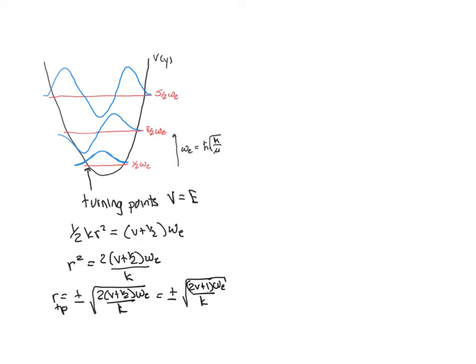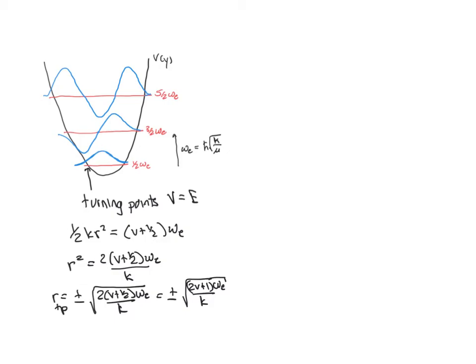Another interesting result is to think about where we expect to find the particle most often, or the highest probability of finding our system. So when we're in v equals 0, the ground state, we expect that the particle will be most often at its equilibrium position, because we have the maximum of the wave function, which means that the wave function squared will be a maximum at this point.